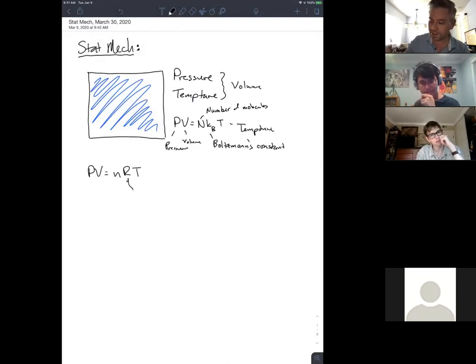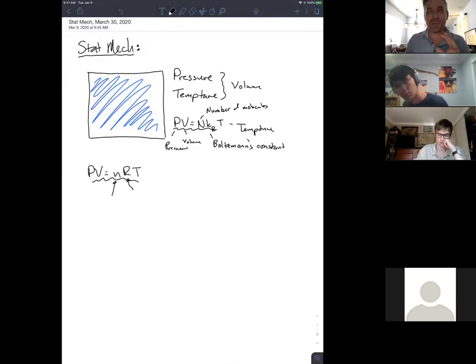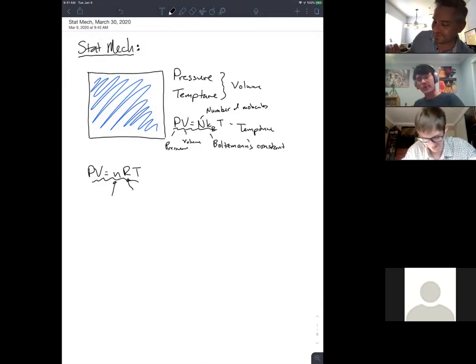Same thing here, R is the ideal gas constant, and n, I believe, is the number of moles as opposed to the number of molecules. So when I write down the ideal gas law, I'll write it down either like this or like this. I'm not too familiar with this tau business. It's just for units. Yeah, so it's going to be a very rare circumstance where we actually write down any kind of numbers or units. We're going to take the theoretical physicist approach here and say we just couldn't care less. Okay. All right. Thank you.